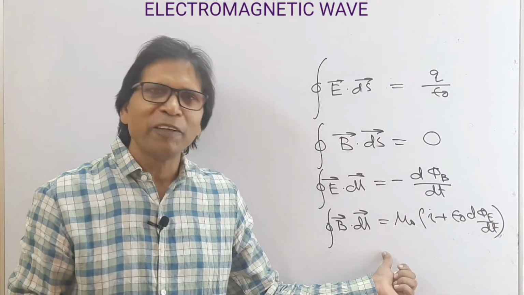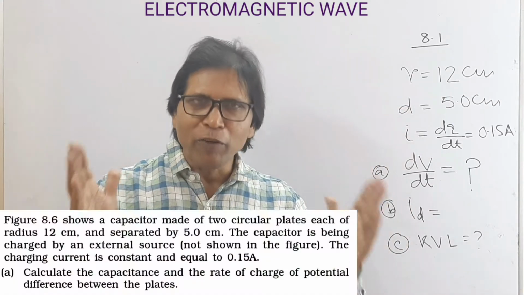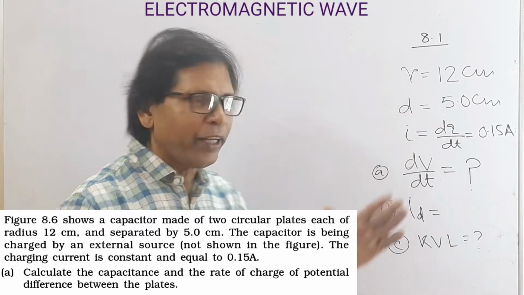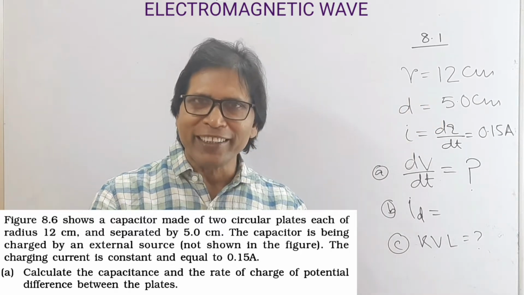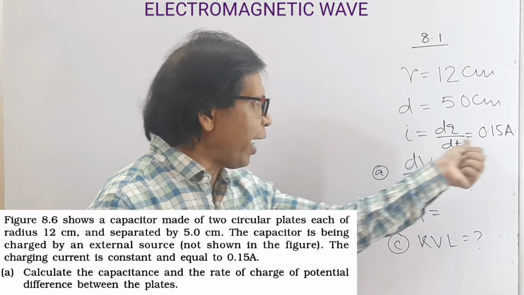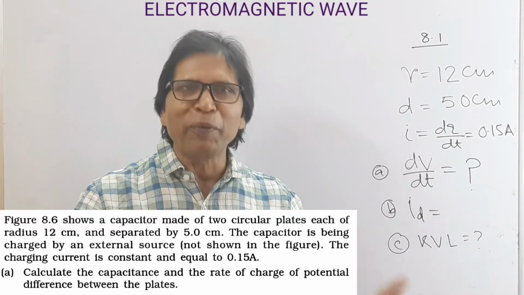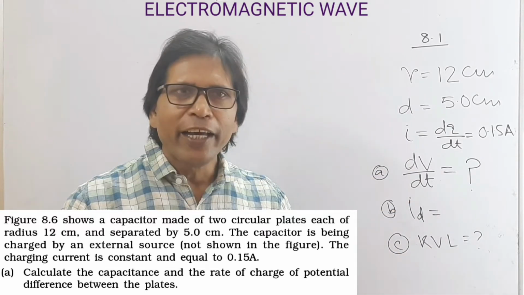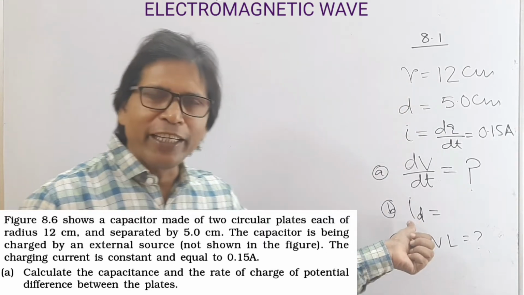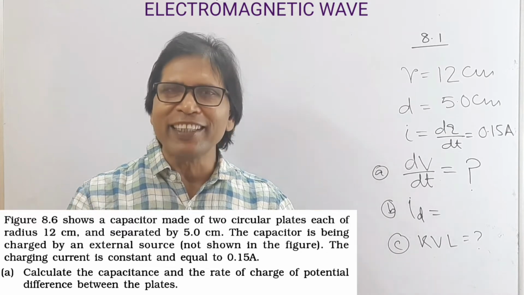Okay, now an NCERT numerical. The radius of the circular plate of a parallel plate capacitor is 12 centimeter and the distance of separation is 5 centimeter. Now it is charged by a current of 0.15 ampere. We have to calculate the rate of change of potential in the capacitor, the displacement current, and whether KVL is applicable in this case.